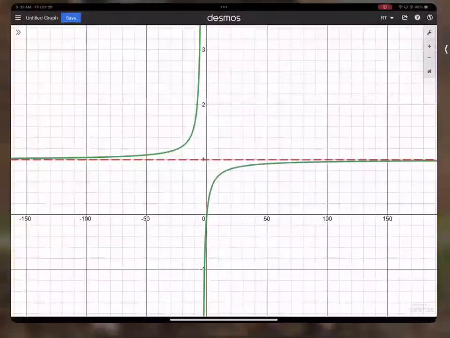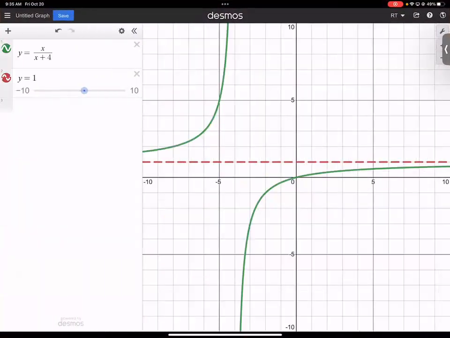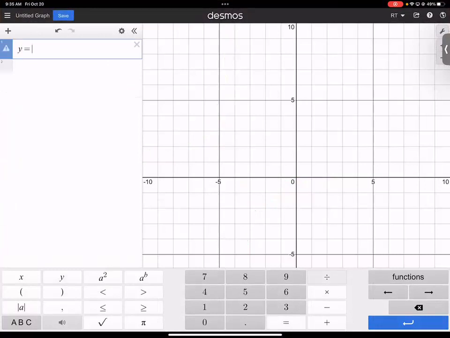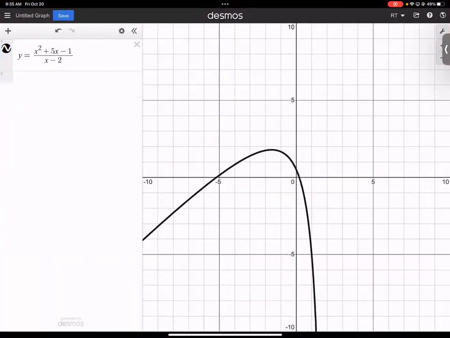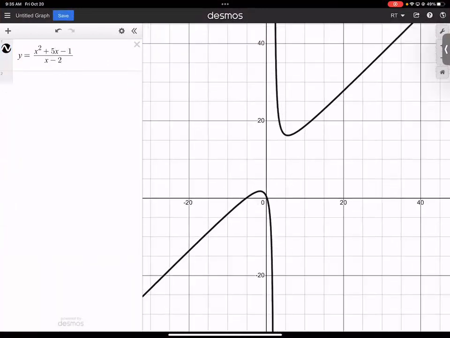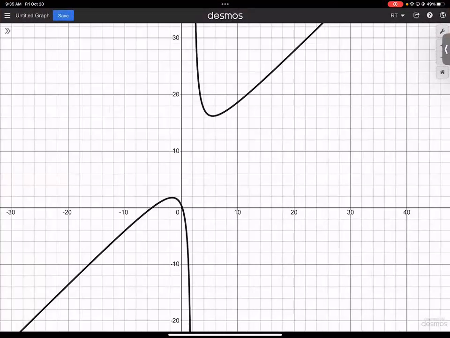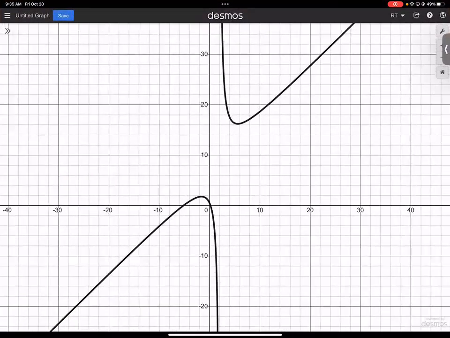Let's take a look at the graph of this thing and see what it does. How would you describe the end behavior here? That end's pointing up. That end's pointing down.